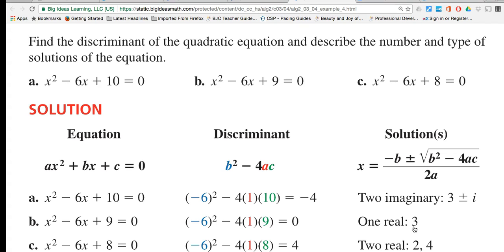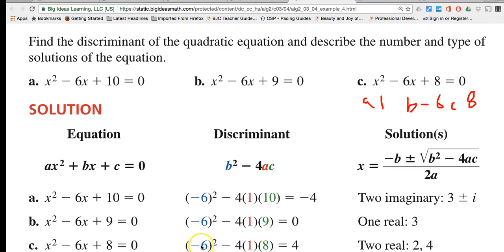Now, if we go ahead and look at our last one, we get A is equal to 1, B is equal to negative 6, and C is equal to positive 8. So when we plug our values here, 1, negative 6, and 8, into our discriminant formula, we get negative 6 squared minus 4 times 1 times 8.